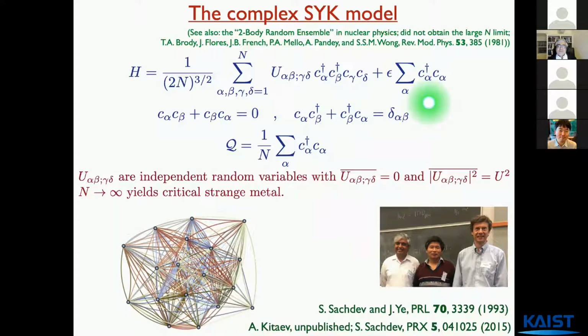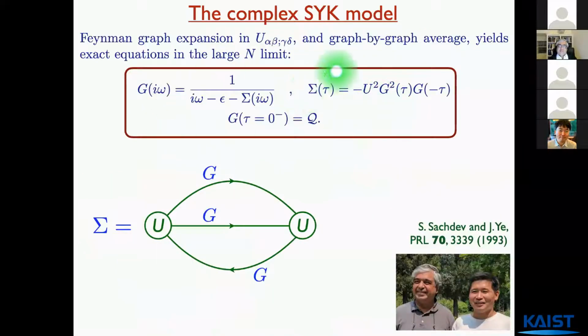The simplest way is to just do perturbation theory in U. So you just do perturbation theory in U, and you can write down all the usual Feynman graphs, and then you average each graph, and you look at how many powers of N are left over after you do the averaging over the U's. So you take the Green's function and just average term by term. And when you do that, you get a very simple set of equations.